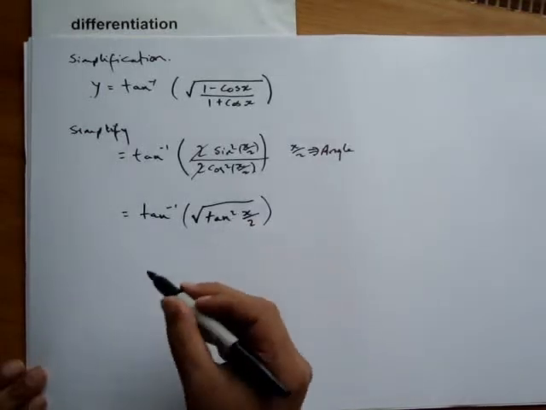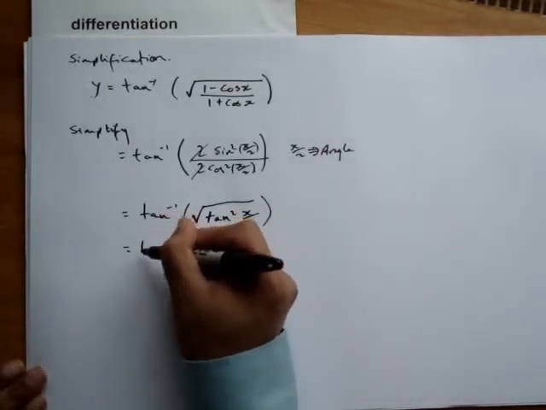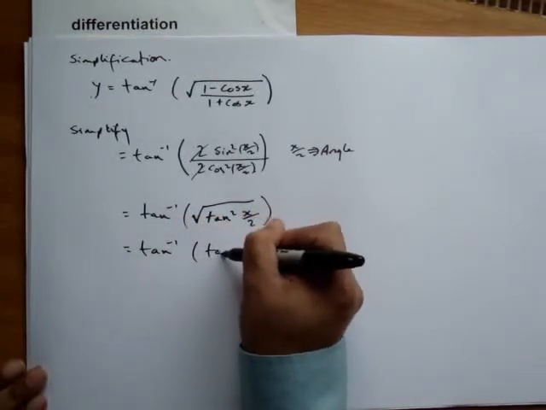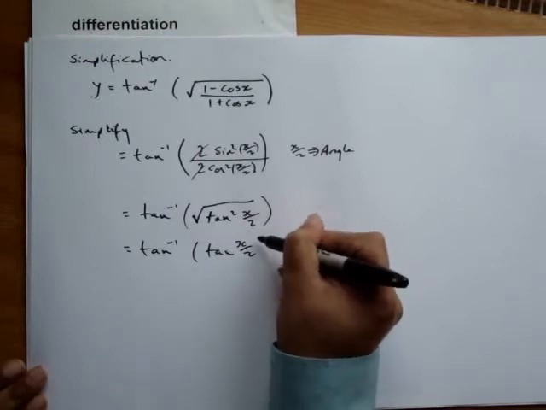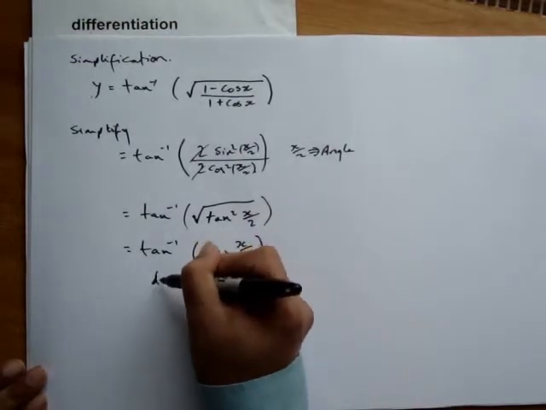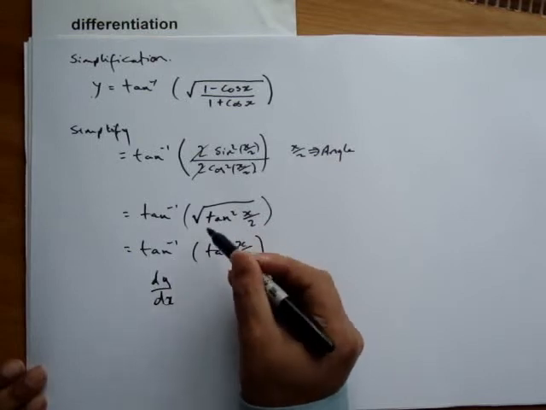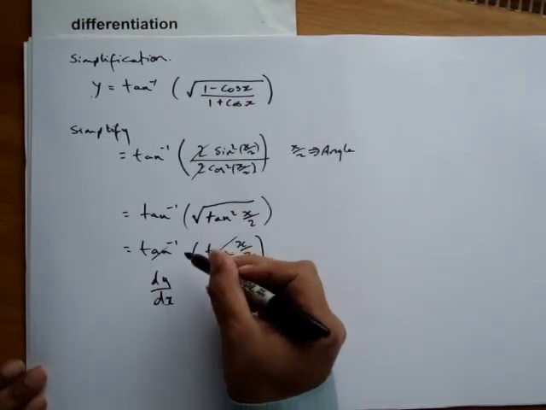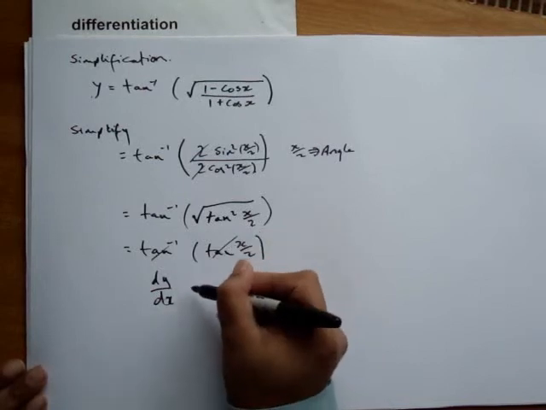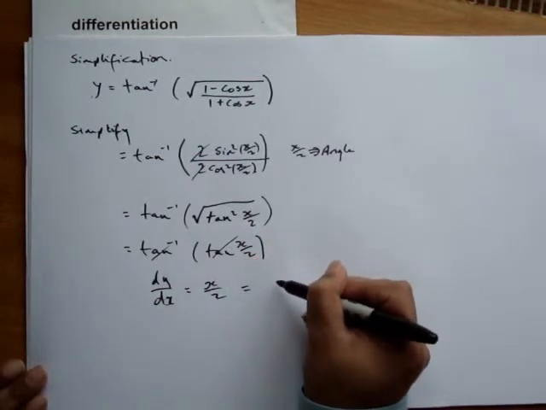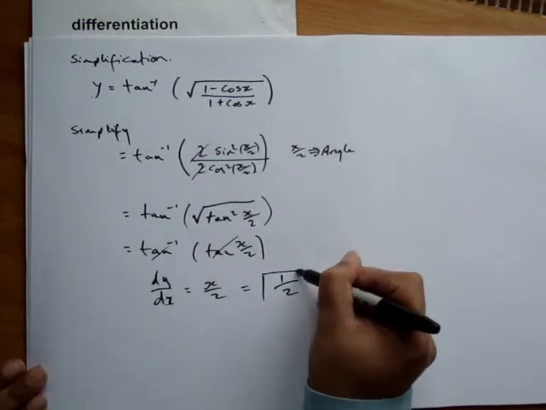When we take the square root of tan squared, this becomes inverse tan of tan x over 2. So dy by dx, tan inverse and the tan cancel each other out, and we're left with x over 2, which again is a half.